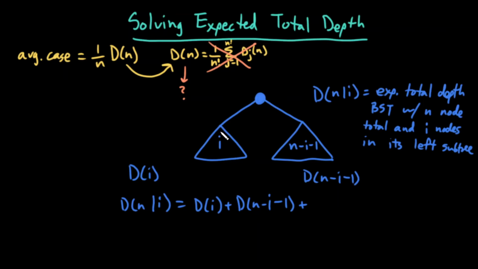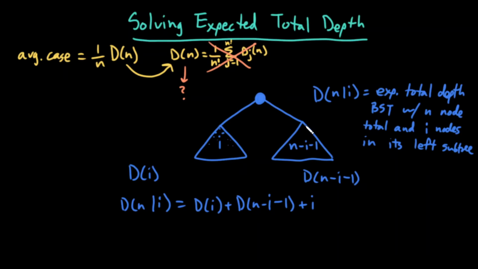Each node is now 1 node further from the root, because I've added this new root. The root of this subtree used to have a depth of 0, but now that it's become the subtree of this overall tree, its depth has increased to 1. Its child's depth has increased to 2. So every node in this subtree, by attaching it as a child of this root, has had its depth increased. I add 1 for each of my I nodes here, so I add I in total.